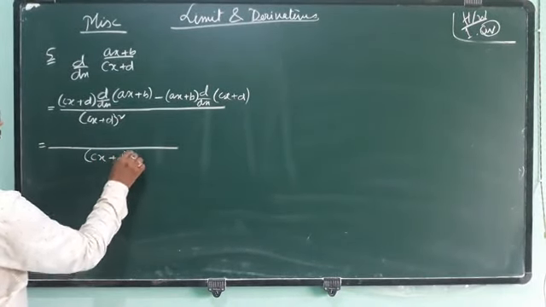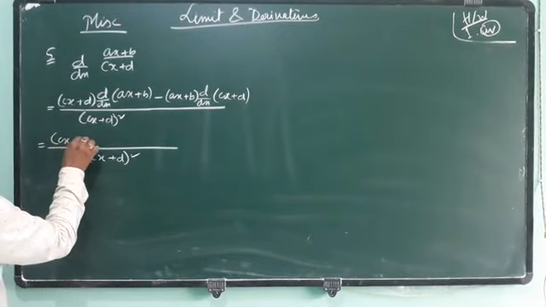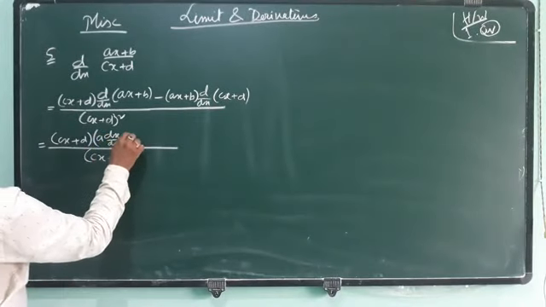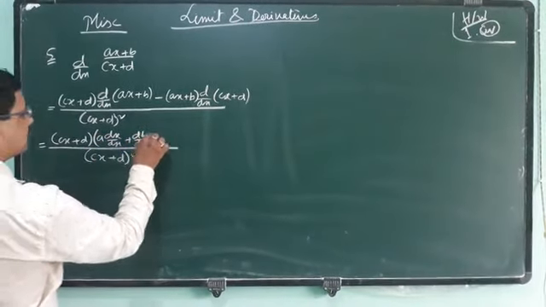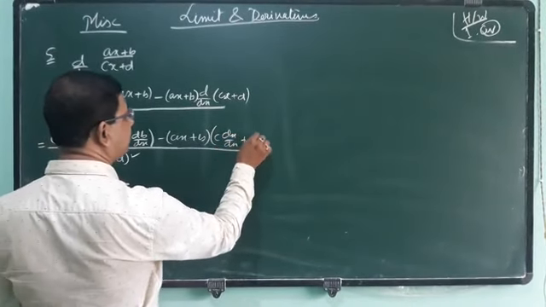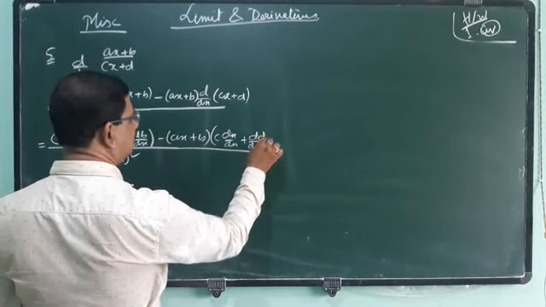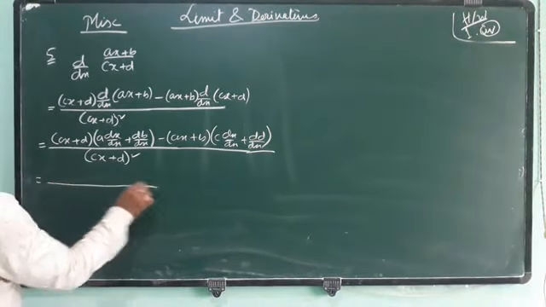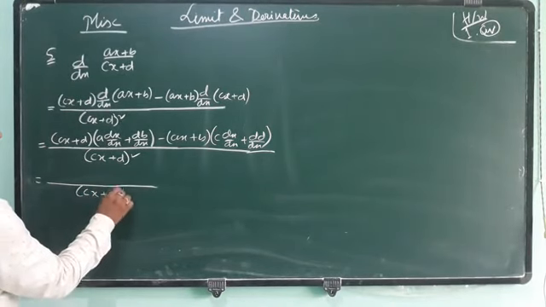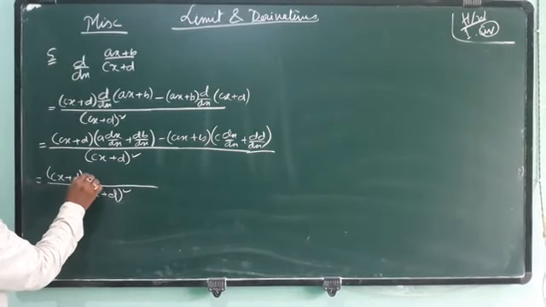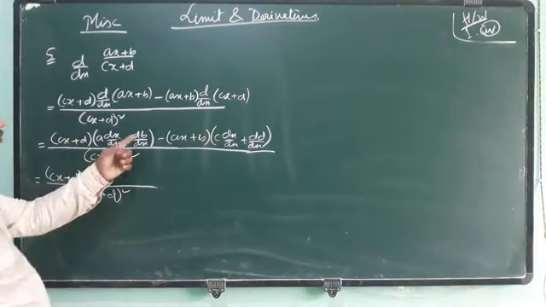(cx + b) whole square, (cx + b), a dx/dx, d b/dx, (ax + b), and here c dx/dx, d of this one. I have just broken this one. Now it is (cx + b) whole square, (cx + b), dx/dx is 1, this is 0.